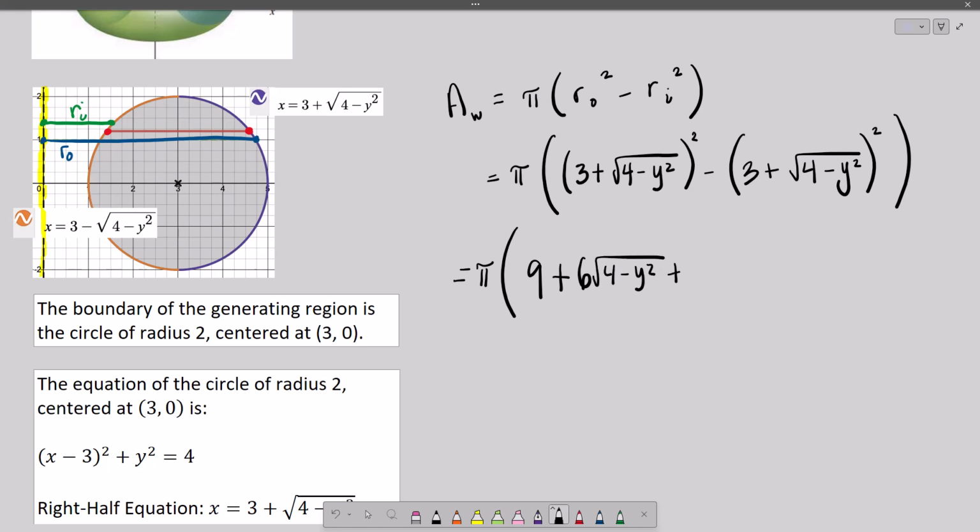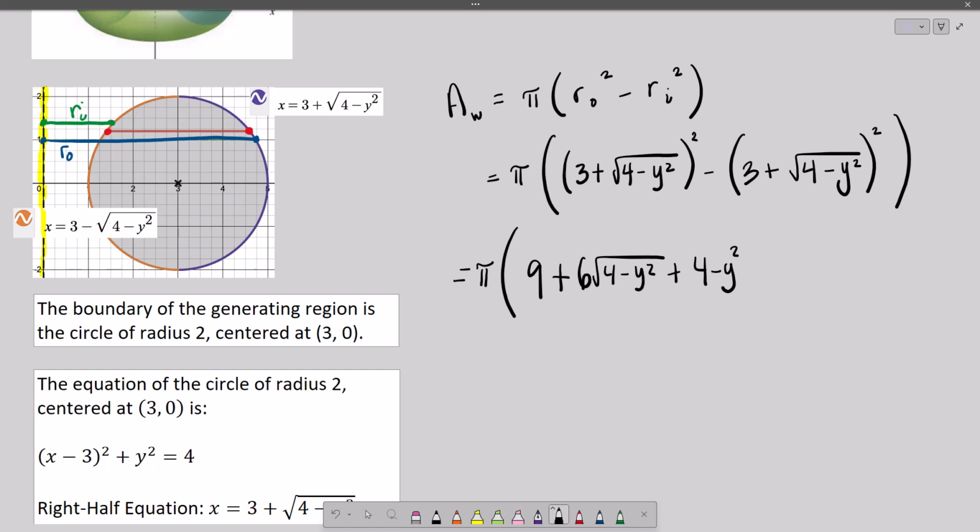And when you square the last part, the square root just goes away. Remember, if you have a plus b quantity squared, this is a squared plus 2ab plus b squared. That's called a perfect square trinomial.